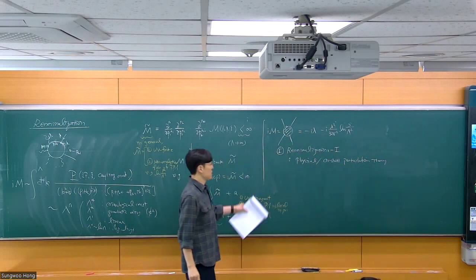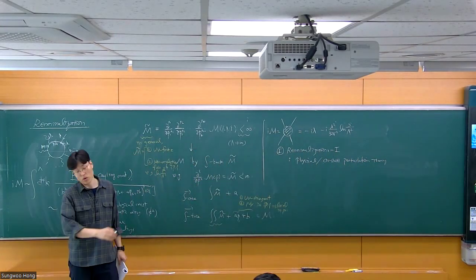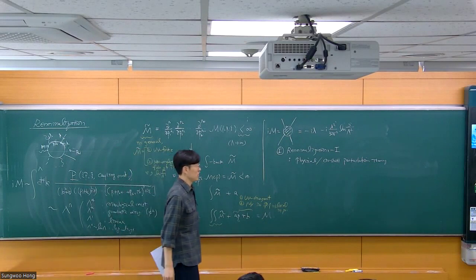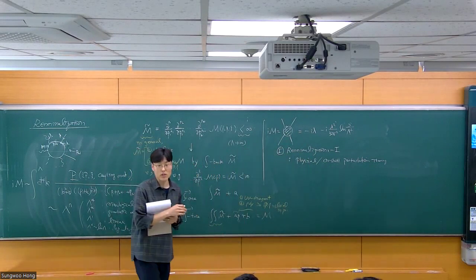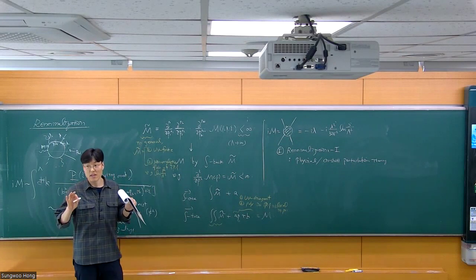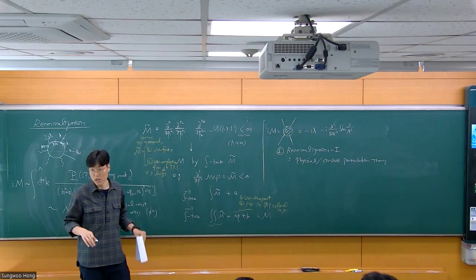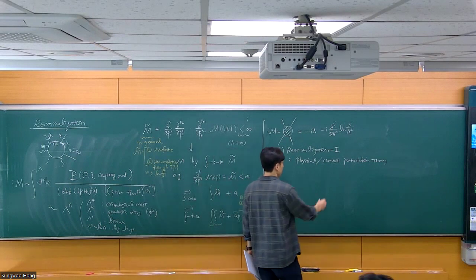I will give you two different ways of tackling or understanding the question of renormalization. And the first version is this. And then eventually, hopefully, I will explain the distinction and relationship between those two features.